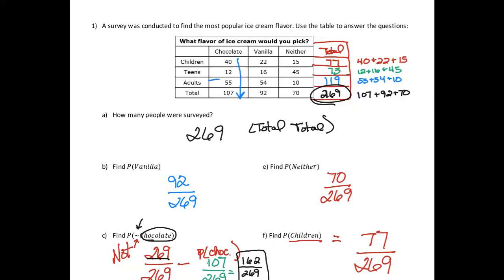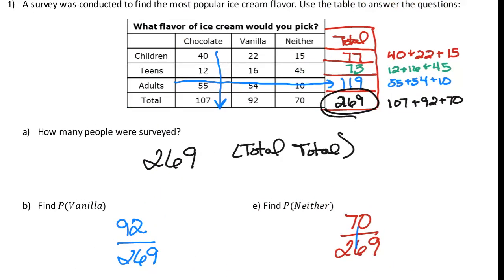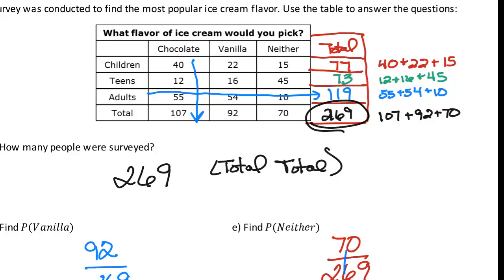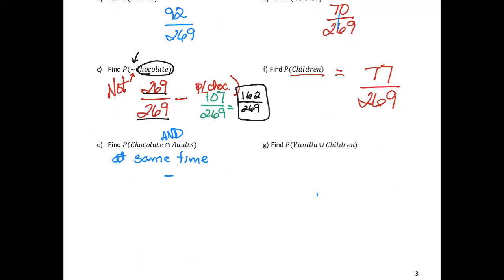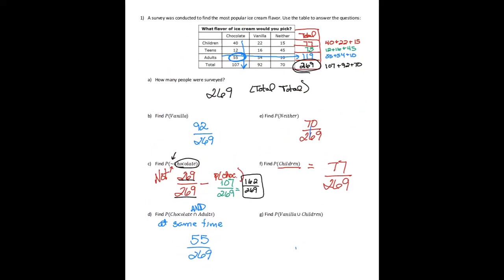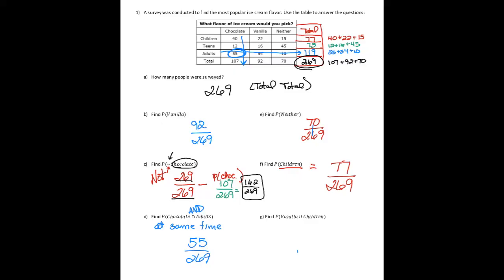Adults over here. How many like chocolate is their favorite, and are adults at the same time? 55. Very good. It's where they intersect. So that is 55 over 269.